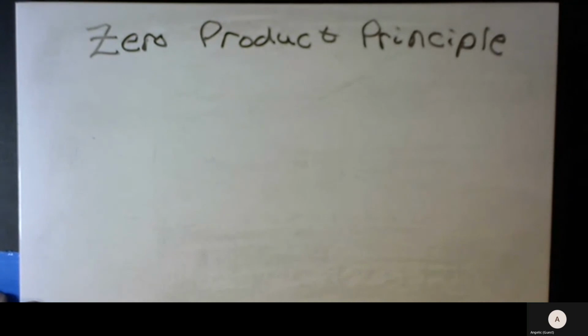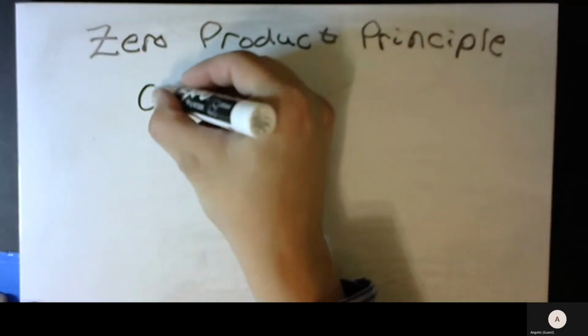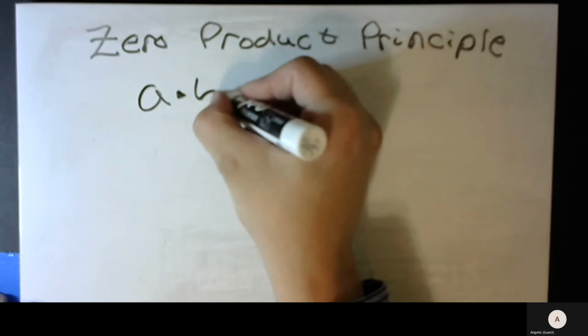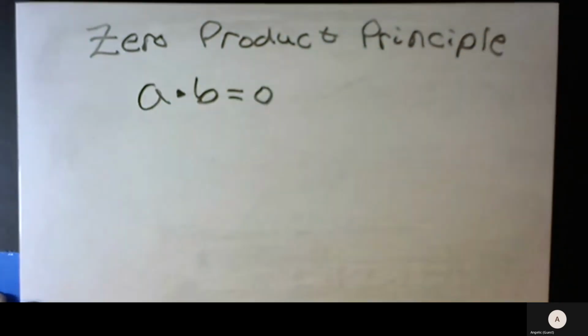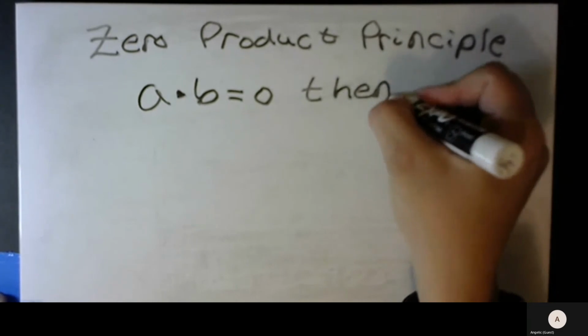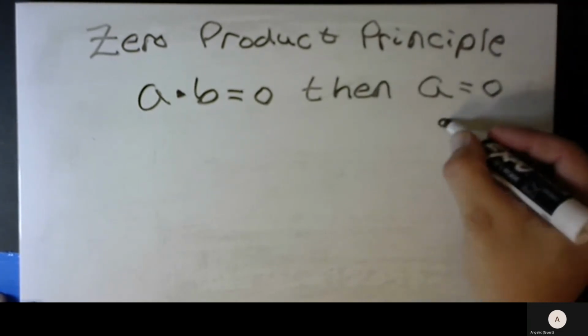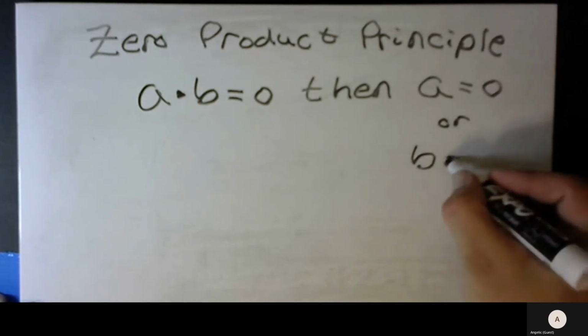So the way this works, if A times B is equal to 0, then A equals 0 or B equals 0.